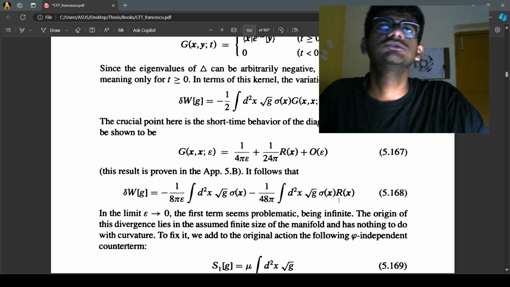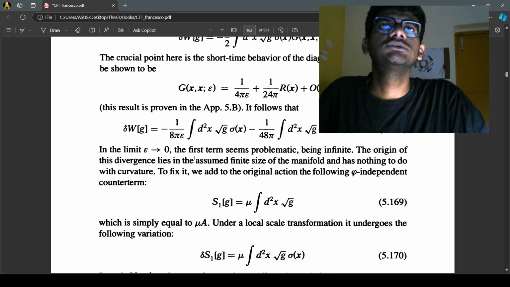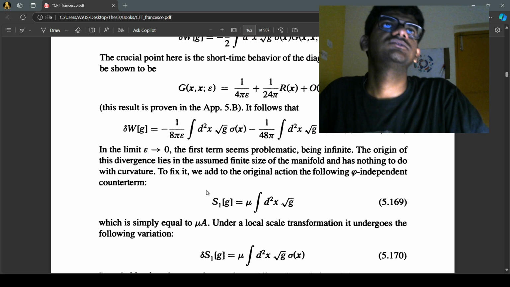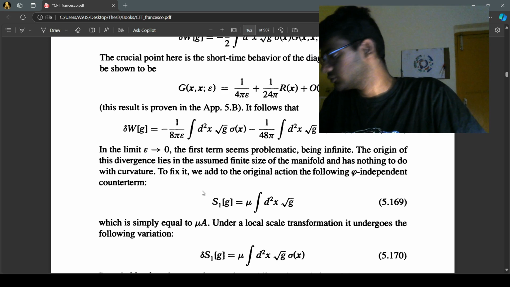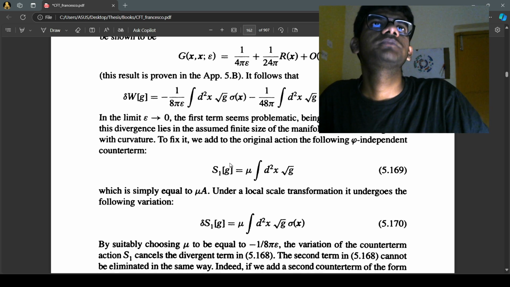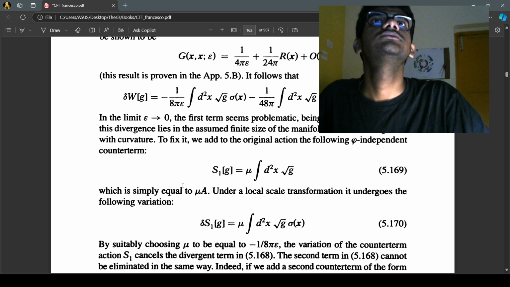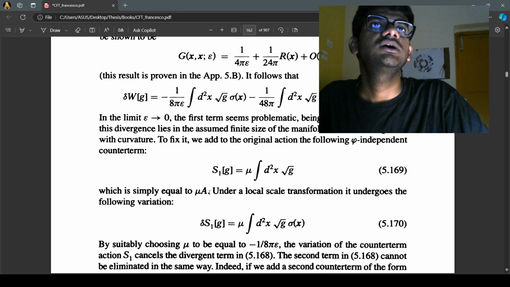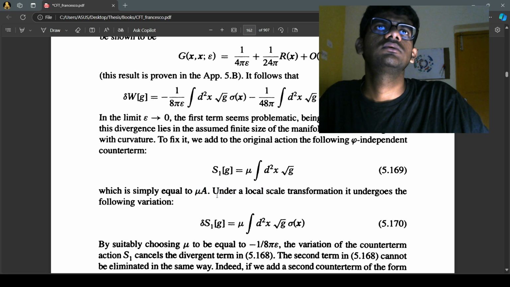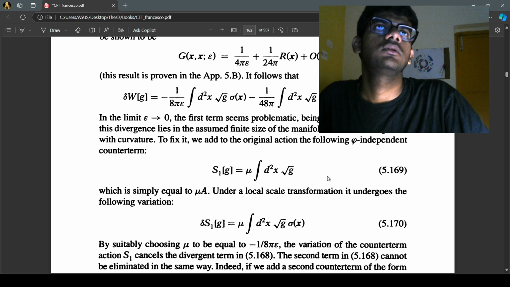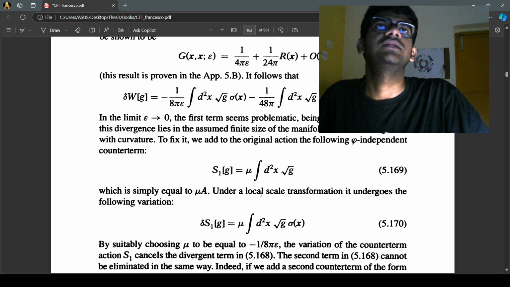variation is as follows. In the limit epsilon to 0, the first term seems problematic, being infinite. The origin of this divergence is the assumed finite area of the manifold and has nothing to do with curvature. To fix this, we add to the original action the following counter term, which is simply mu times A, the area of the manifold.